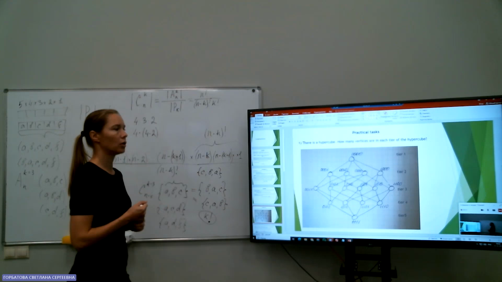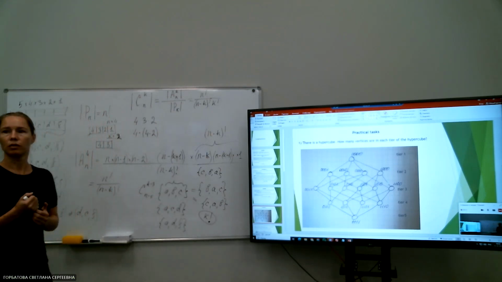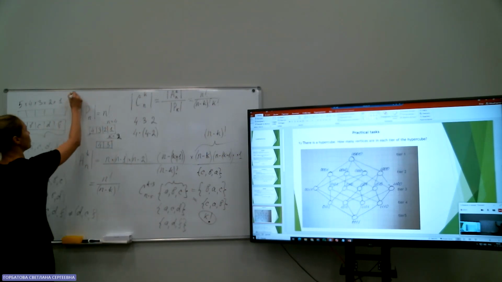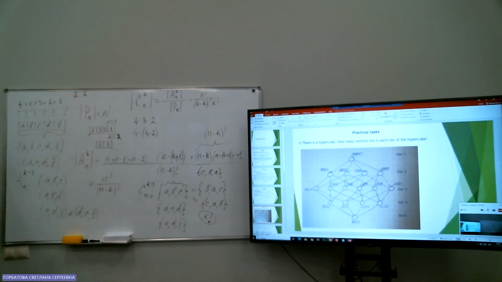How can you count it? Level number 3. Six. 2 digits 1 and 2 digits 0. What formula will be used for me to count the number of vertices?